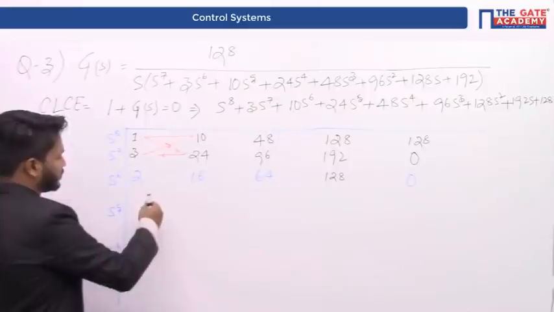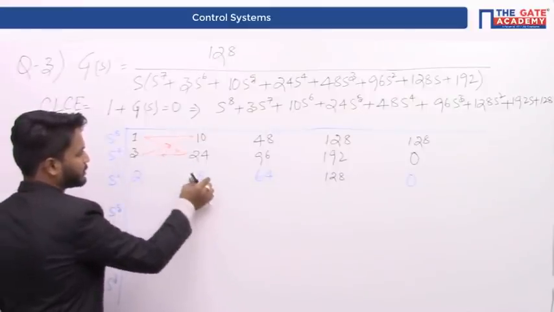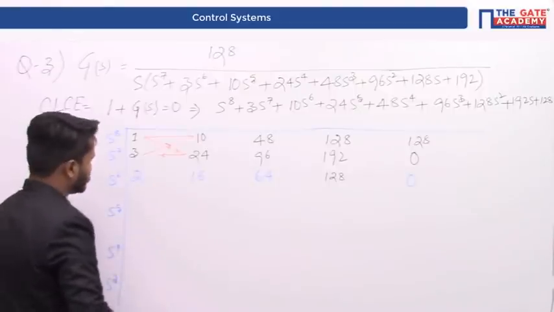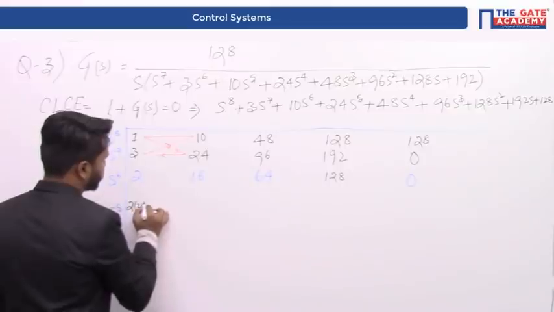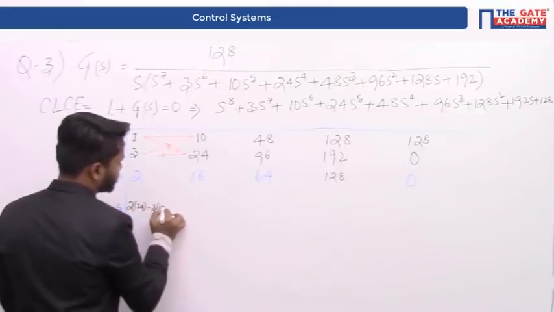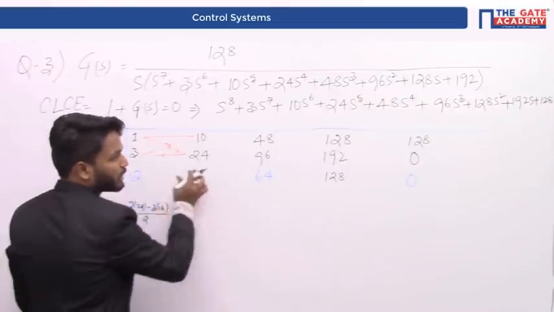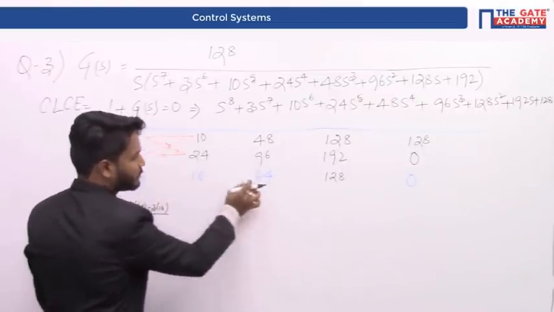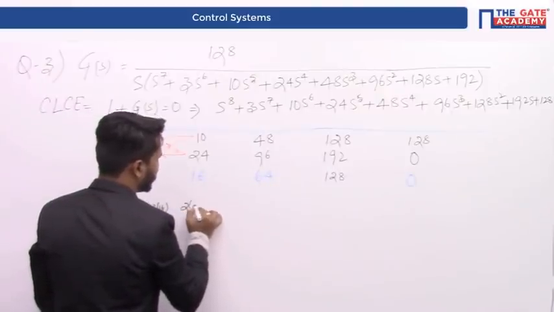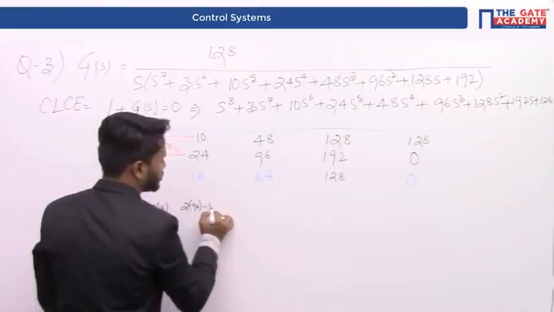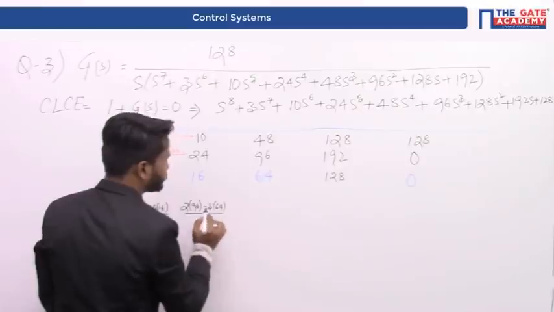How to calculate the other row? 2 multiplied by 24 minus 3 multiplied by 16 divided by this 2. 2 multiplied by 96 minus 3 multiplied by 64 divided by 2.